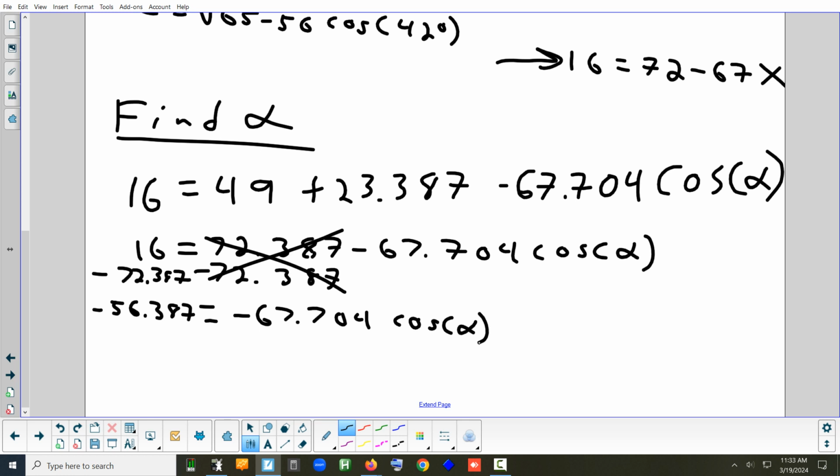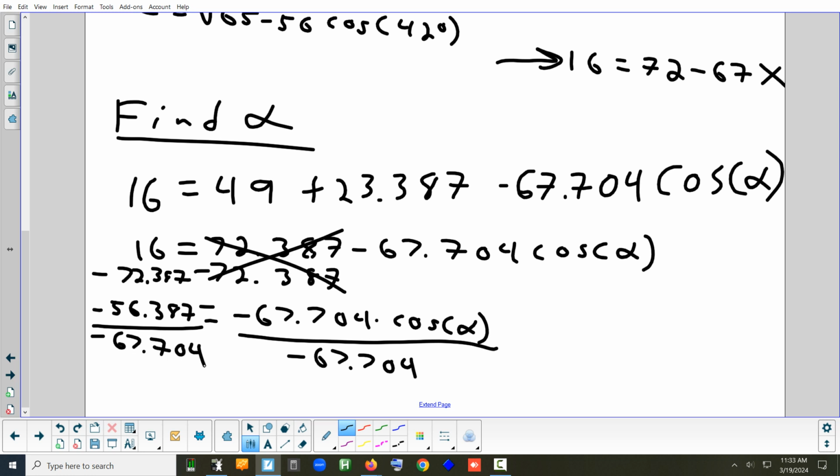All right. Now, how would we get the negative 67 on the other side? Divide it. Right, we divide it. You're multiplying, so the opposite is dividing. Divide by negative 67. So this is all gone. And what do you have left on the right side now?